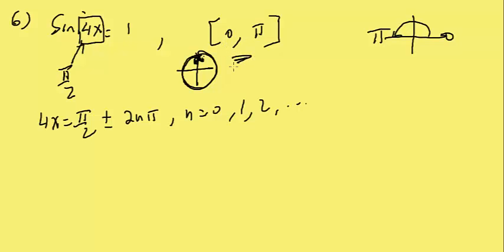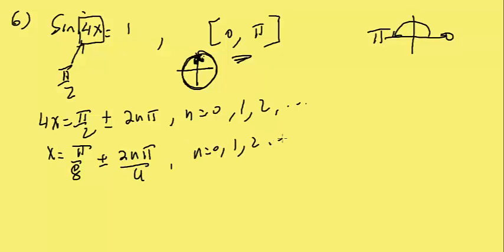Last time we just went to the unit circle and found our values when we had a domain restriction. But that's because we had an x, we didn't have 4x. Because we have 4x, this is a little more complicated. Now we're going to solve for x, so divide everything by 4. I get x equal to pi over 8, because when I divide, that turns into pi over 8, plus or minus 2n pi over 4, and n is equal to 0, 1, 2, and so on.